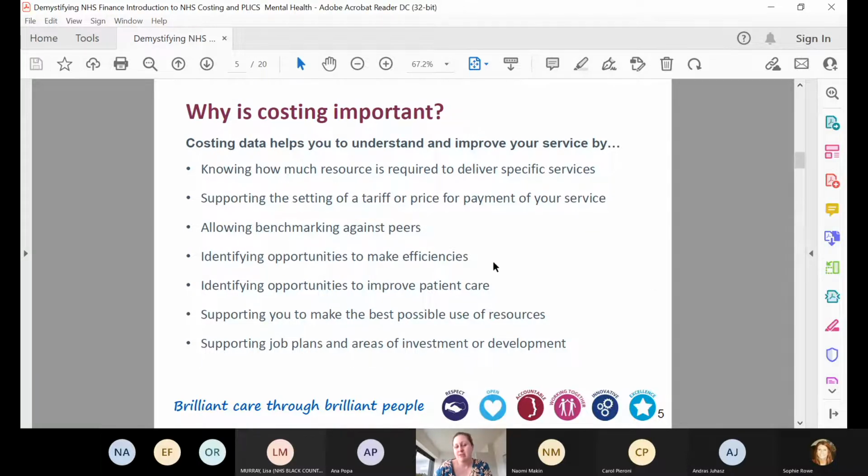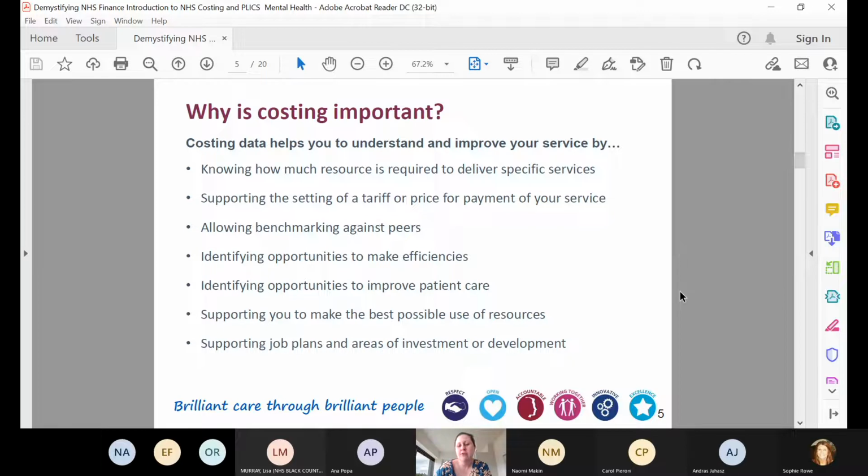It helps us to benchmark against peer groups. So if we know other trusts that are delivering similar services, if we are both able to cost on the same level to the same national standards, we can compare, which then follows on to identifying opportunities to make efficiencies and also opportunities to improve patient care. It supports you to make the best possible use of your resources.